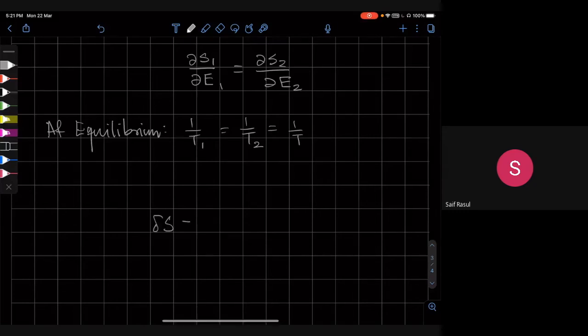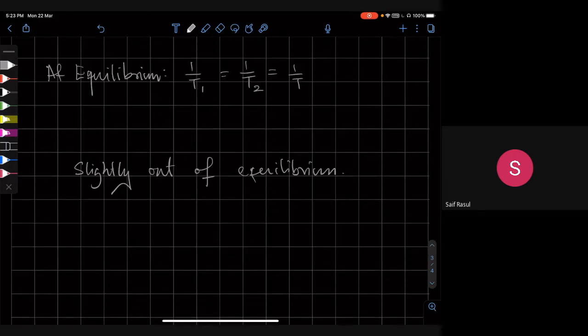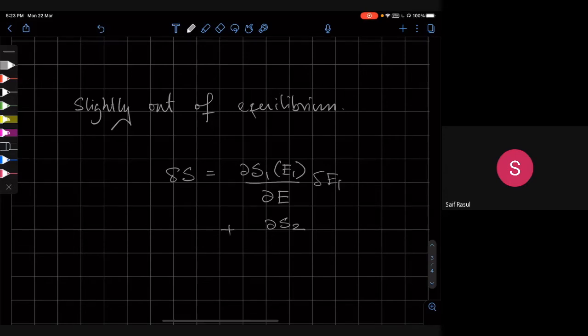In that case, the change in entropy delta S is delta S1, a function of E, times delta E1, plus delta S2, a function of E2, times delta E2.